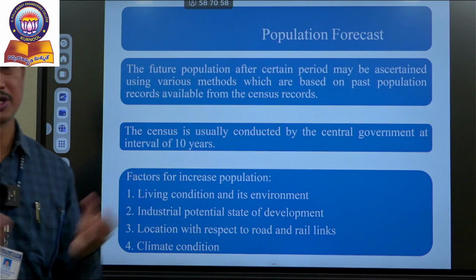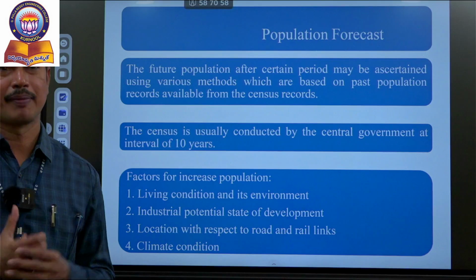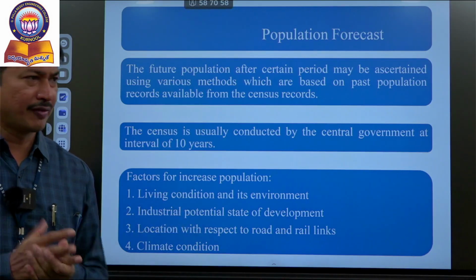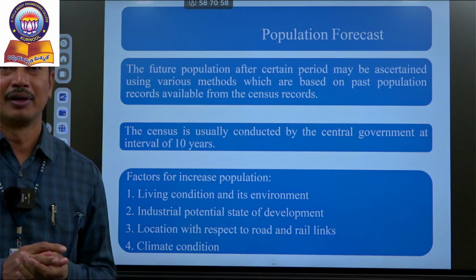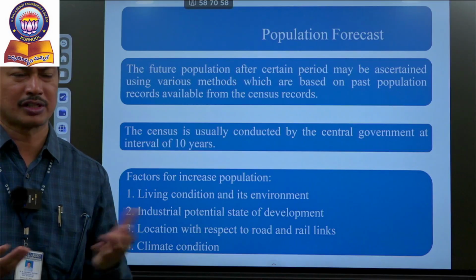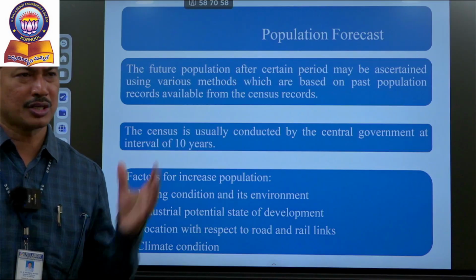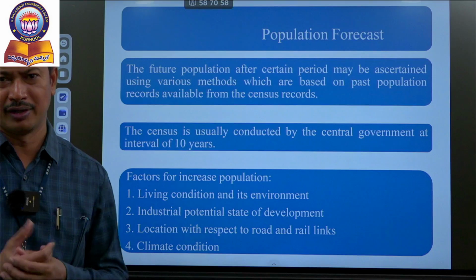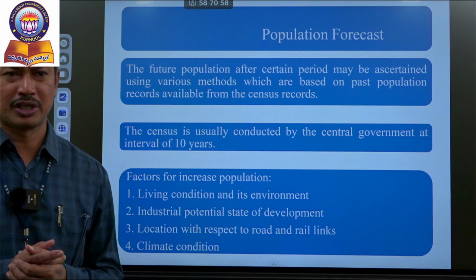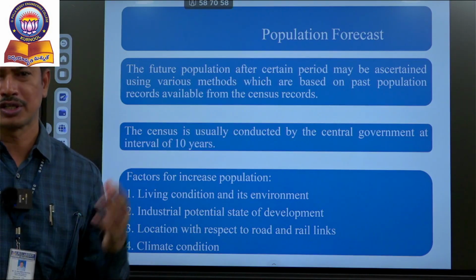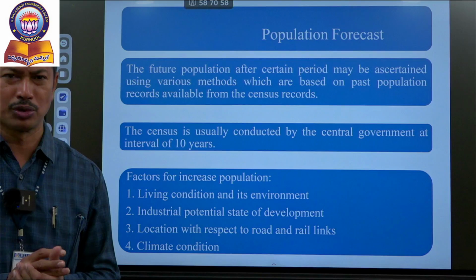What does population forecast mean? It's predicting the future population. Why do we need to predict the future population? Once we design a water supply system for a 20 to 30 year design period, the system should be capable of carrying the water without any problem. So our design should be not only for the present but for the next 20 to 30 years.